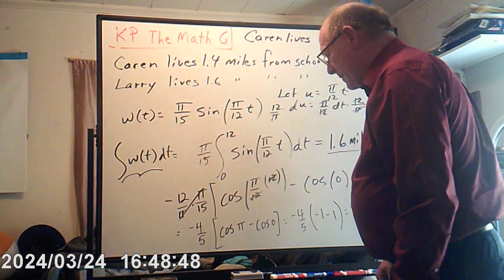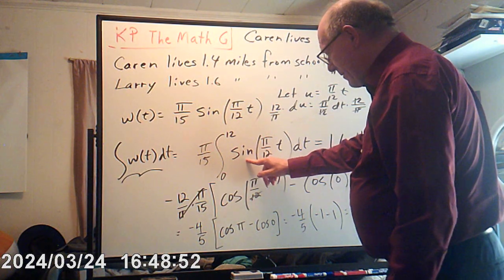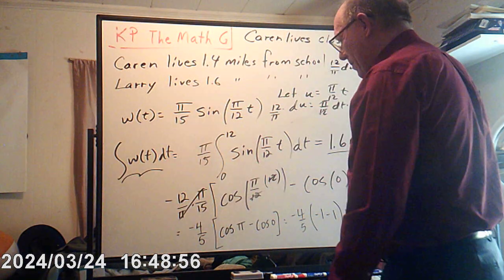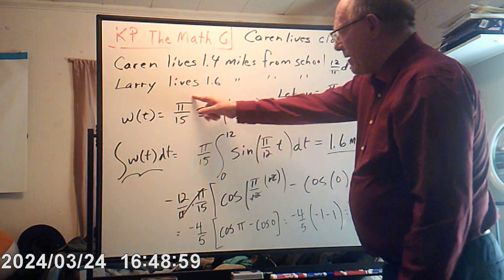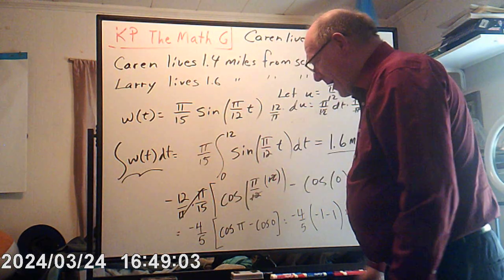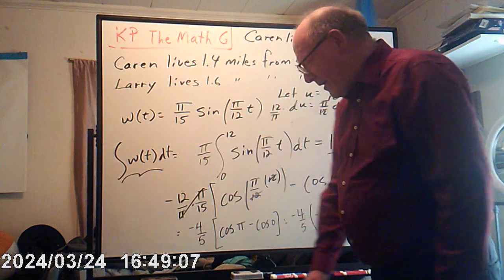The reason we got a negative is because the antiderivative of sine is negative cosine. We already had pi over 15 here. We put that on the outside, and these pi's divided out, and we're left with negative 12 over 15, which is negative 4 over 5.